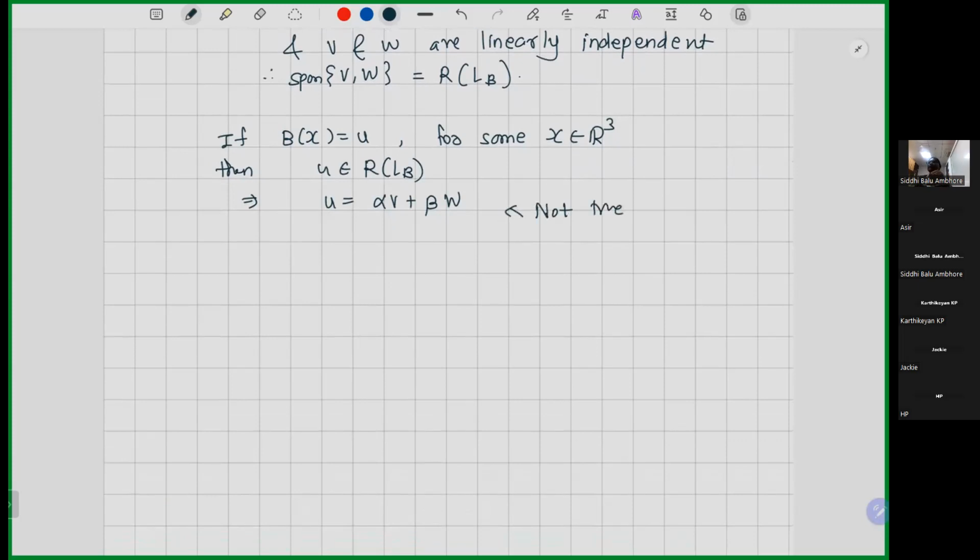We can give the same argument which we gave in the previous example for 0, 1, 2, that these three will always be linearly independent. We again apply B on this, and we get that 0 is equal to some gamma V plus delta W, and those will be again 0, because V and W are eigenvectors corresponding to distinct eigenvalues, and again I will get that everything is 0.